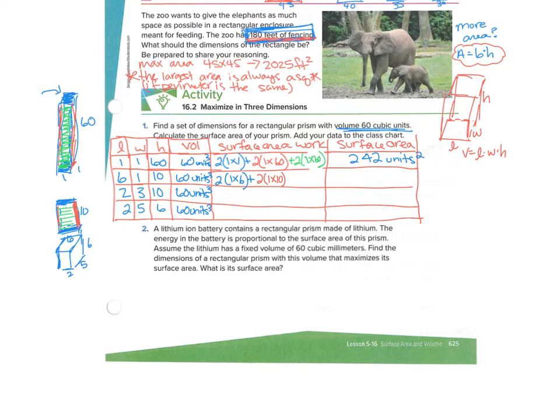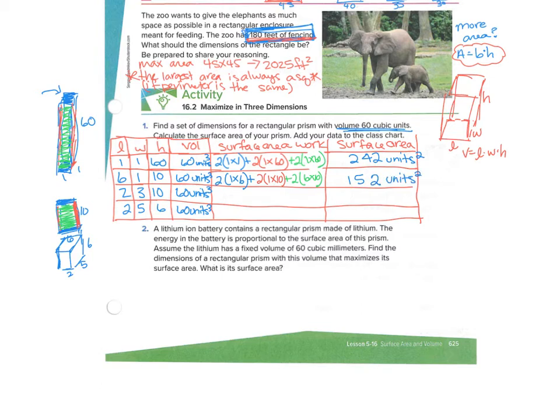And now let's do the front and the back of my cereal box. They were 6 in width and 10 in height. So this is 6 by 10. Again, I would multiply each set of parentheses, then multiply by 2, and add those 3 numbers together. When you do that correctly, you should get 152 units squared.